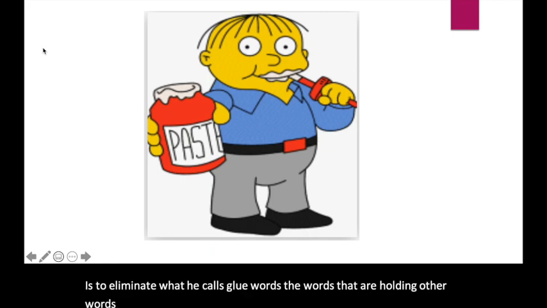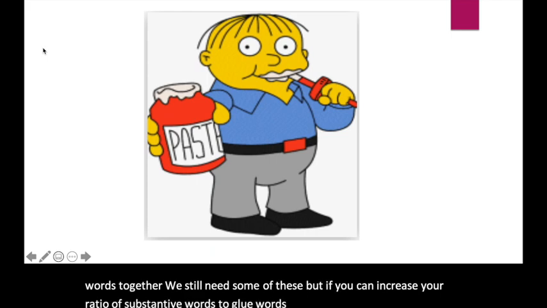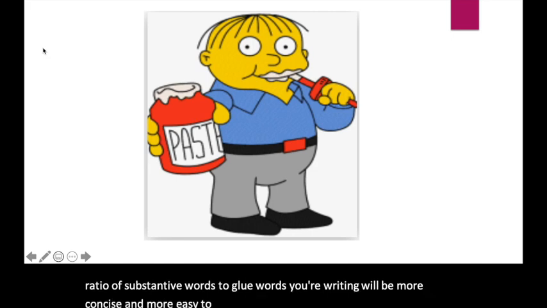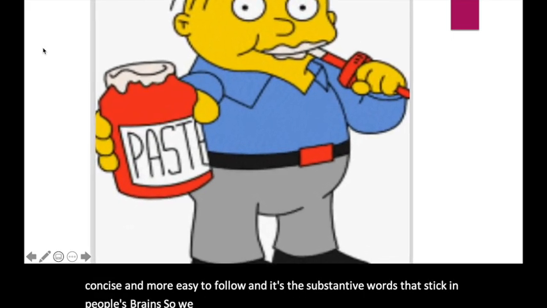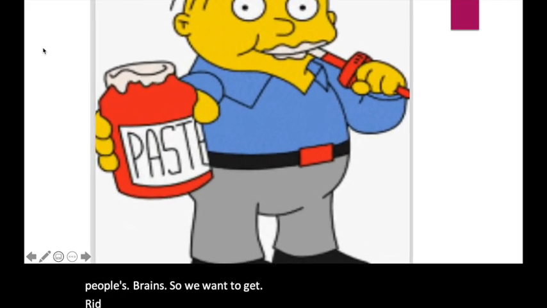We still need some of these, but if you can increase your ratio of substantive words to glue words, your writing will be more concise and more easy to follow. And it's the substantive words that stick in people's brains. So we want to get rid of the glue words. No eating the glue.